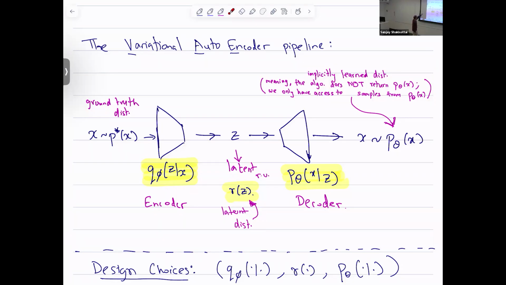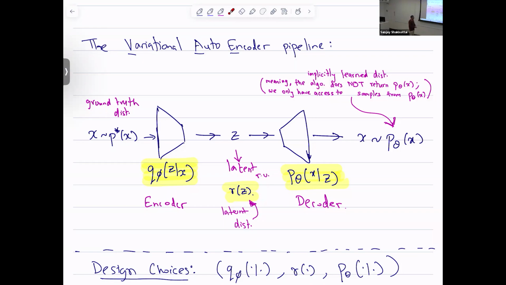Because all I have access to is what is being input to the encoder. So I need to design an encoder. I need to design the latent distribution and a decoder as a pipeline, presumably so that P theta of X on one end and P star of X are close.